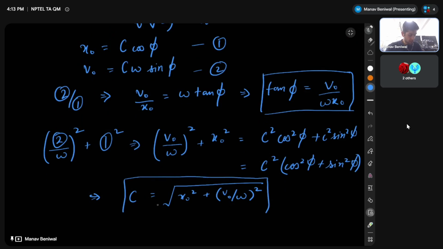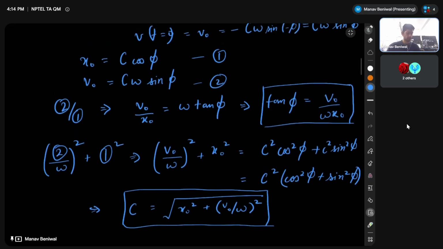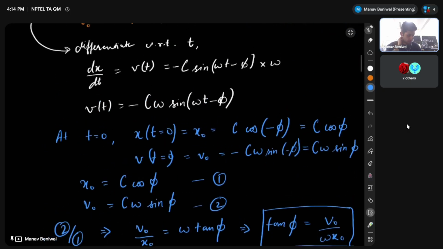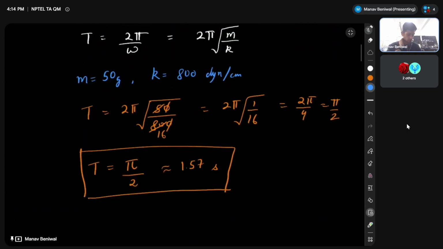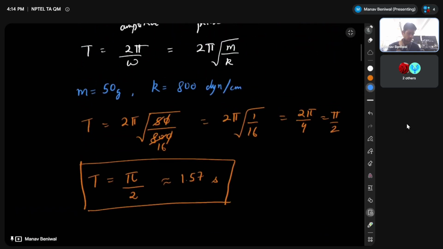So we have derived both the results for the value of phi as well as the value of c. The only thing that remains now is substituting the values of v naught, omega, and x naught. So this was our omega: T was 2 pi by 4, and this was equal to 2 pi by omega.